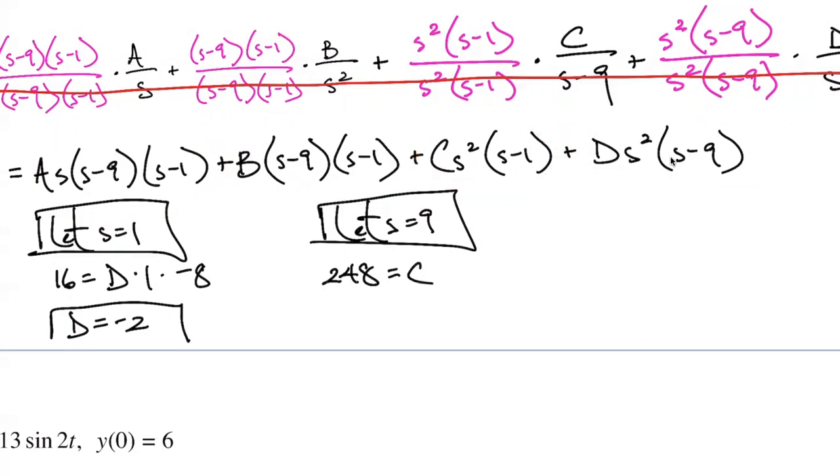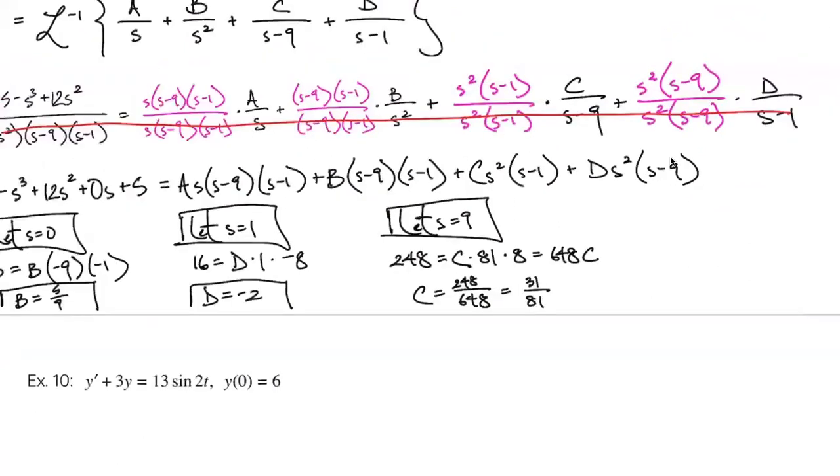So we're going to get c times 9 squared, which is 81, times 9 minus 1, which is 8. And I believe that gives you 648c. And so c will be 248 over 648, which when we reduce that gives us the same 31 over 81 that we saw in the previous method.